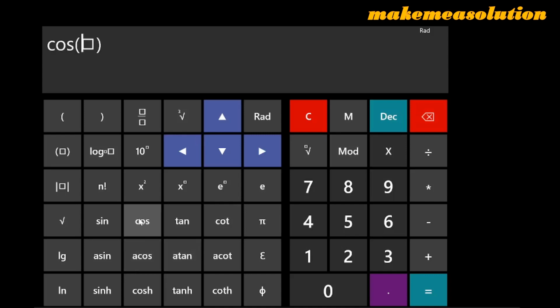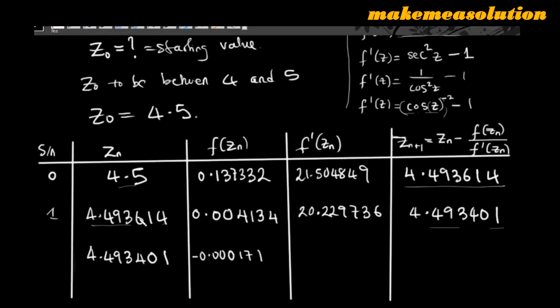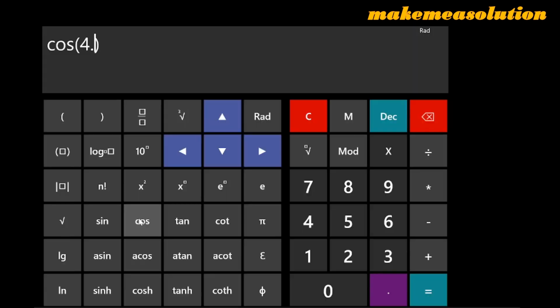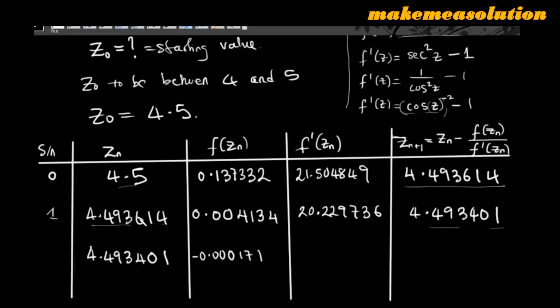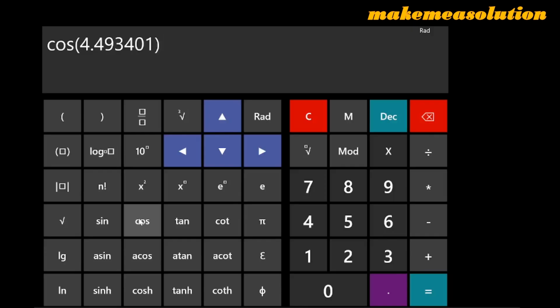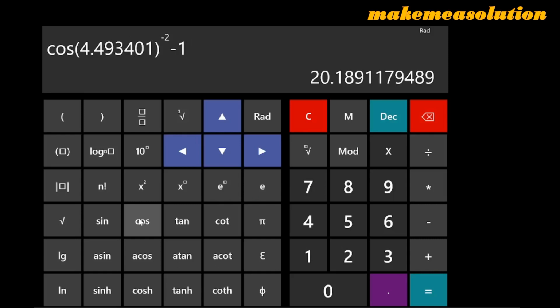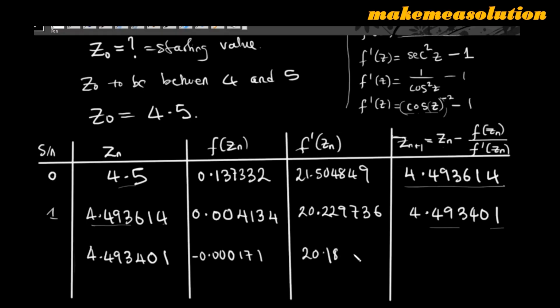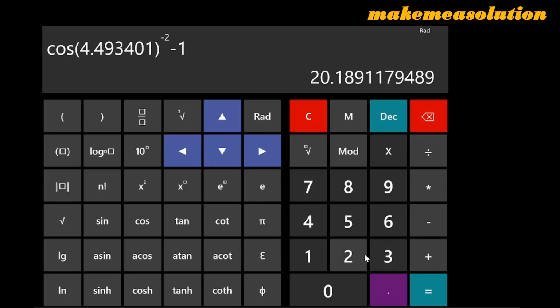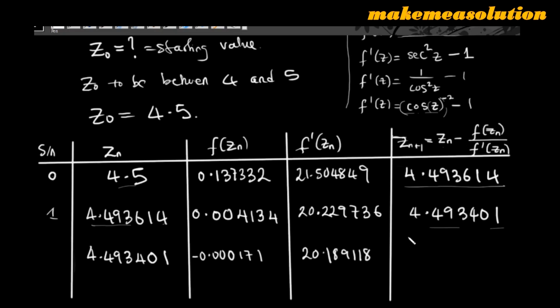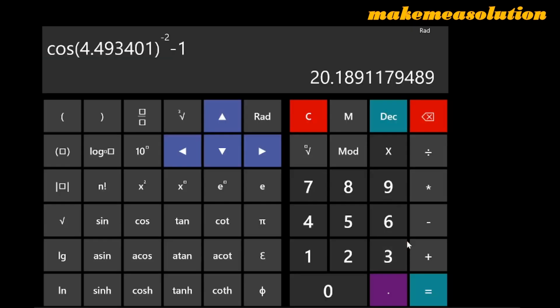So we have cos of 4.493401, all to the minus 2 and minus 1, which gives me 20.1891 and 18 approximately. Okay, so 1891 then 18 approximately.